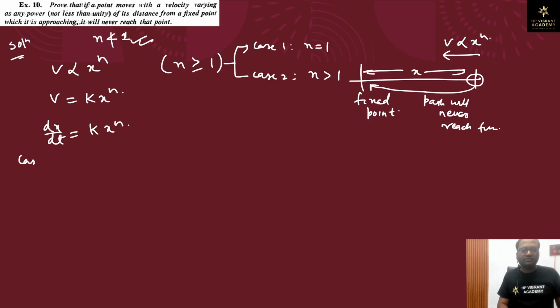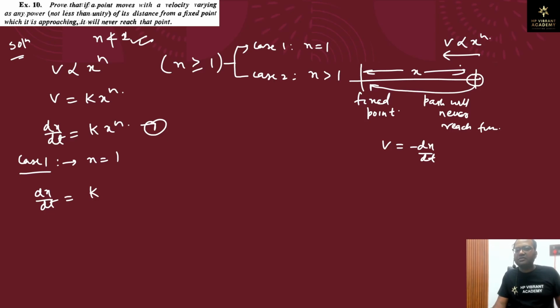Let us take case 1, where n is equal to 1. The velocity is equal to minus dx upon dt because this particle is approaching the fixed point, so the velocity is in the direction of x decreasing.